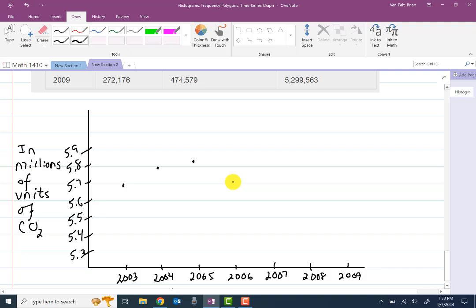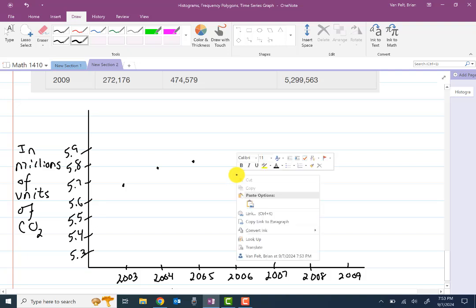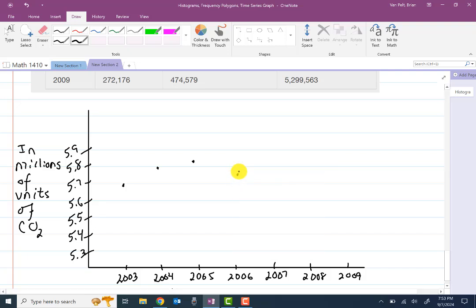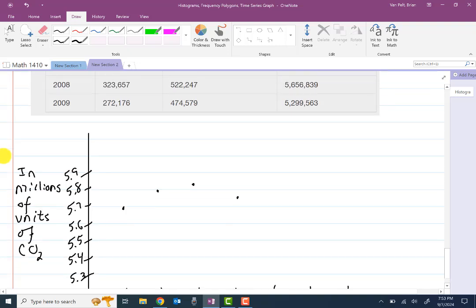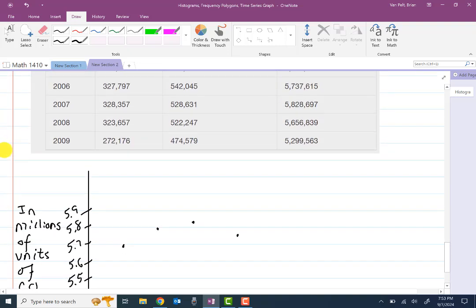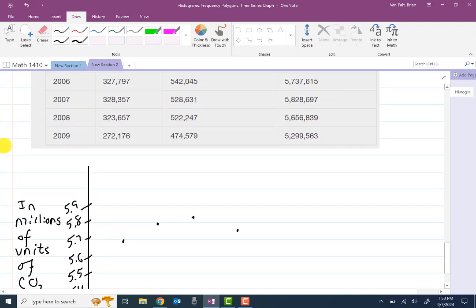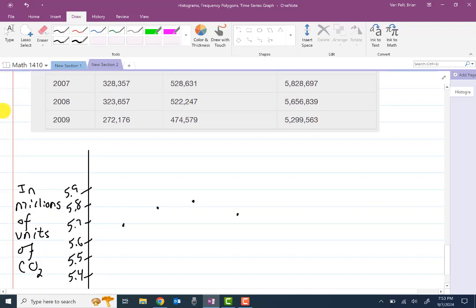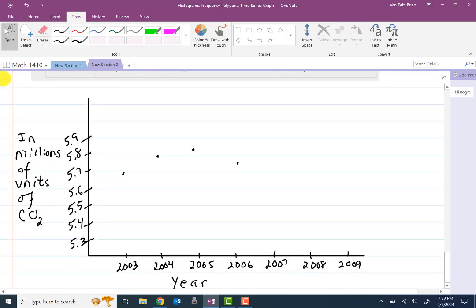So above 5.7, about 0.37, so about there I'm guessing. Okay, that looks like 0.5, but I can live with it. Next is 5.83. So 5.8 is right here, and then about a 3.